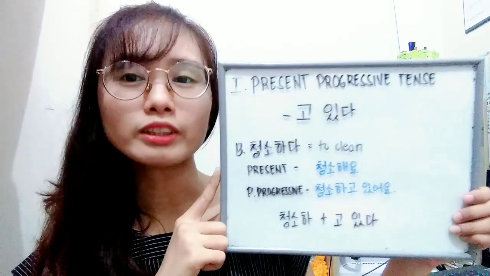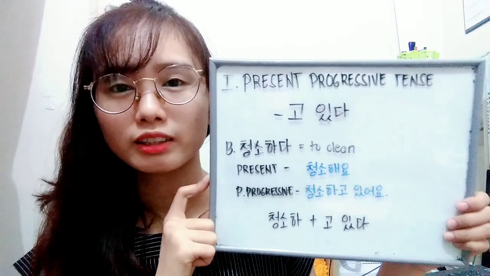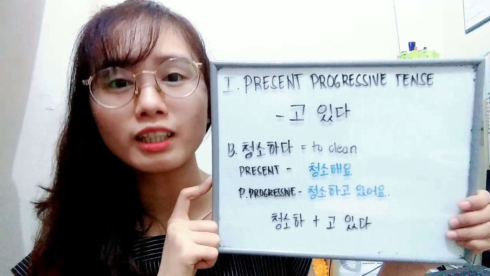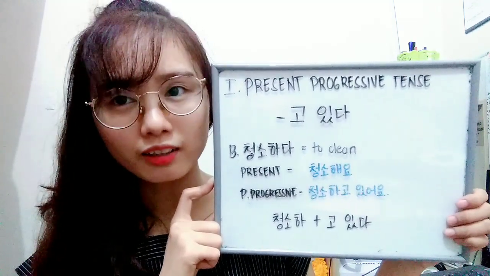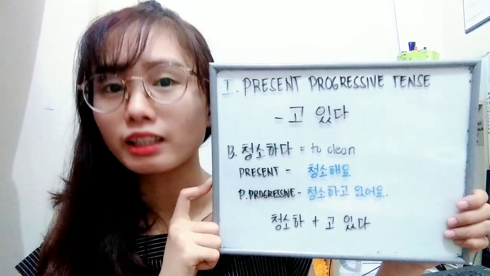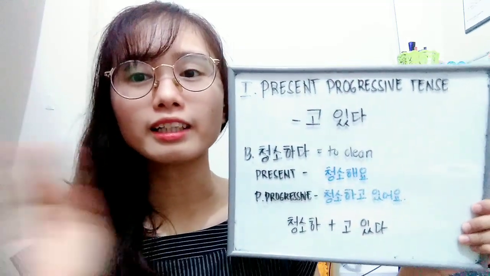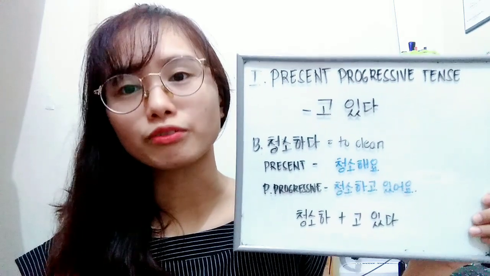For example, tinawagan ka ng iyong 친구. Tapos sabi sa'yo ni 친구, 지금 뭐해? What are you doing now? Then you can answer, 청소하고 있다. Or 청소하고 있어. I am cleaning. Right at that moment, ikaw ay naglilinis. So, those are the differences.